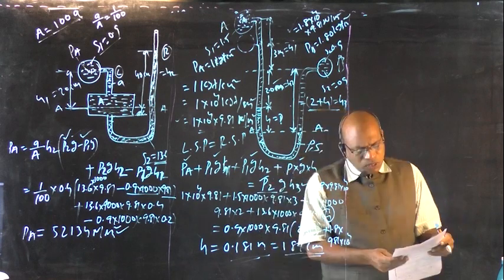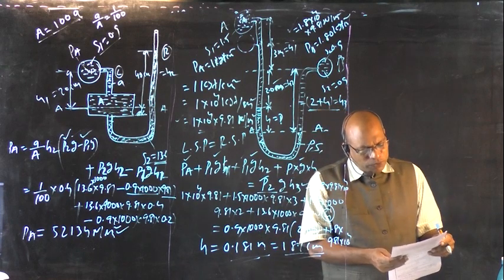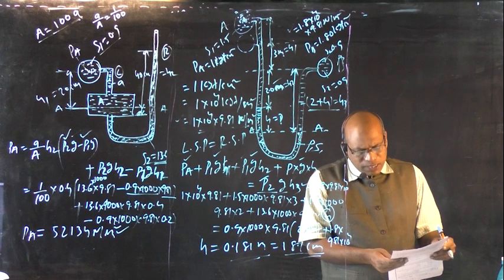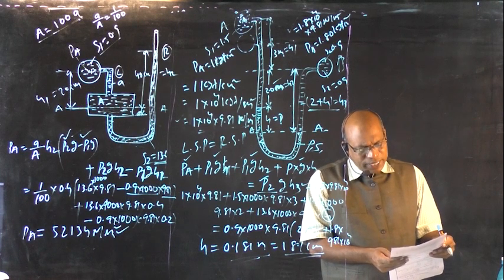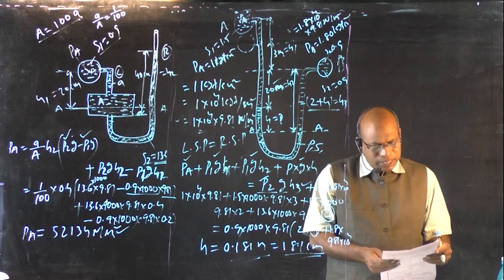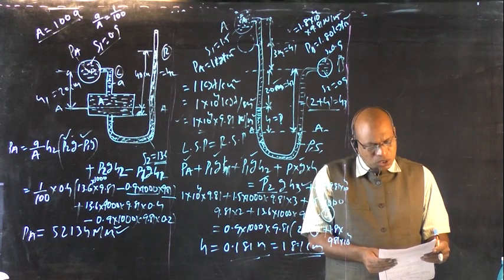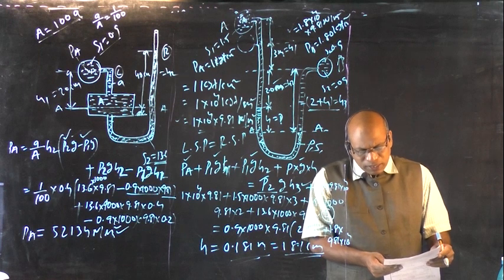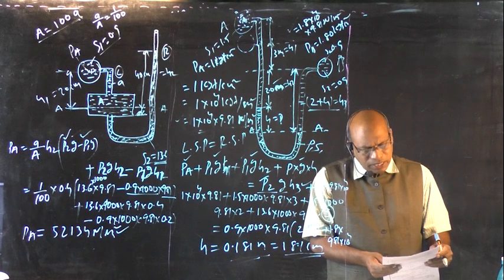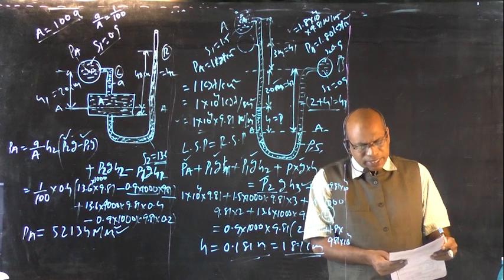Please note down. Water is flowing through two different pipes to which an inverted differential manometer having an oil of specific gravity 0.8 is connected. The pressure head in the pipe A is 2 meters of water. The pressure in the pipe B for the manometer reading is as shown in figure. Right.